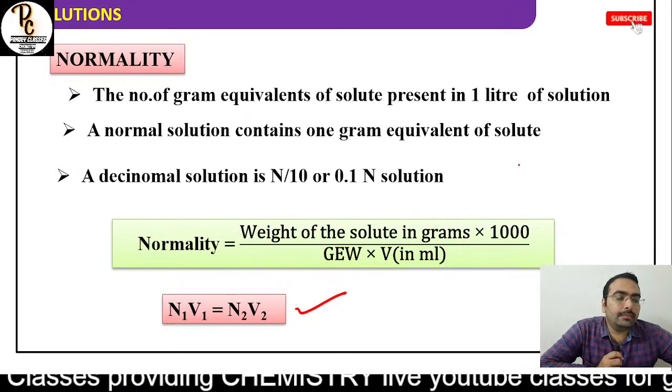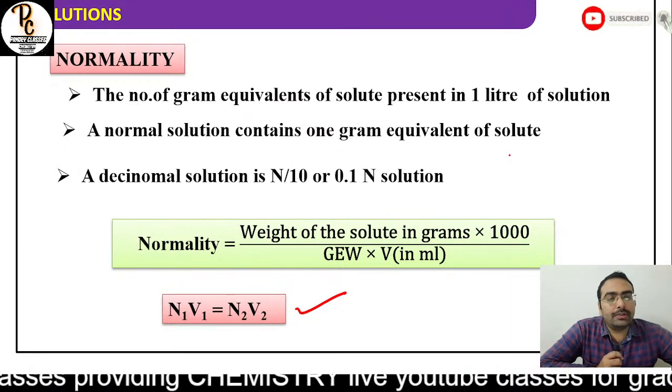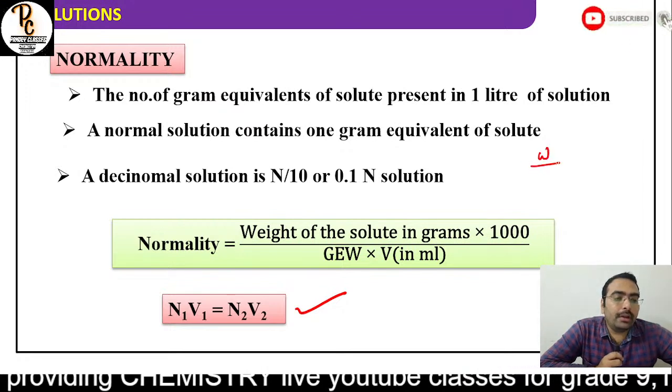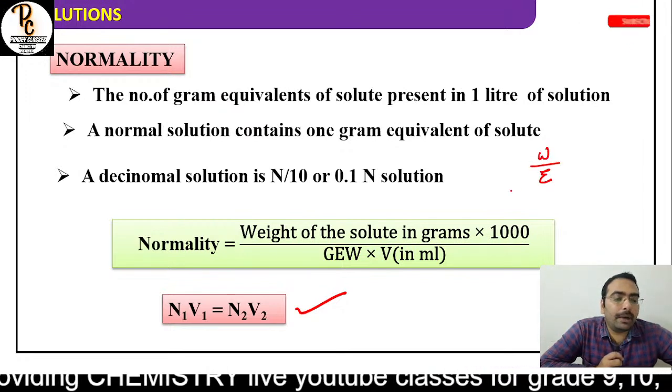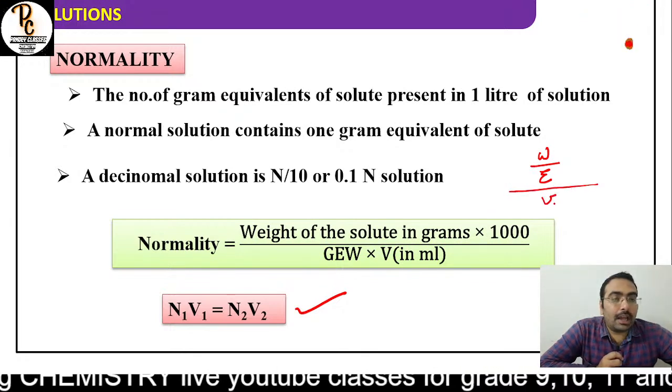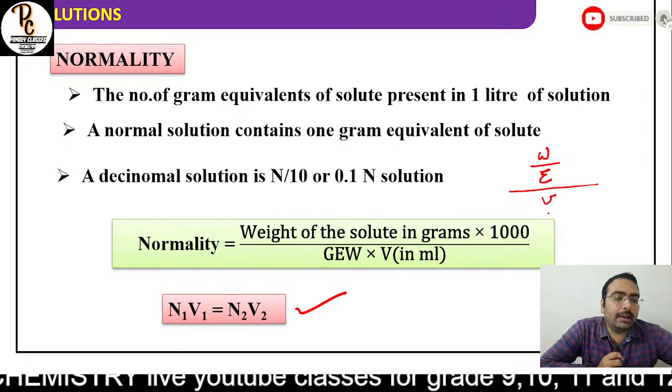We first have to find out the number of gram equivalents. The number of gram equivalents is weight upon equivalent mass, or upon V if it is written in ml and divided by 1000.